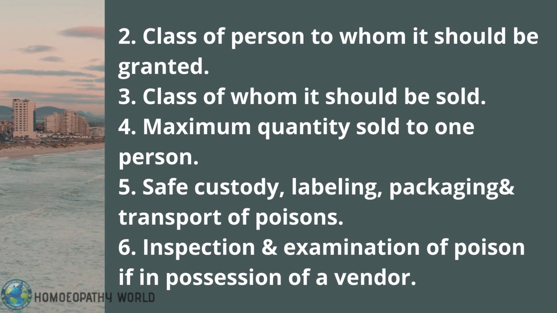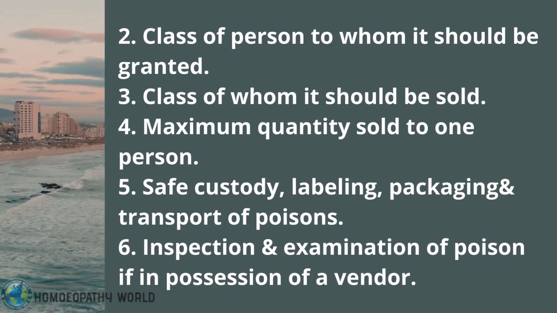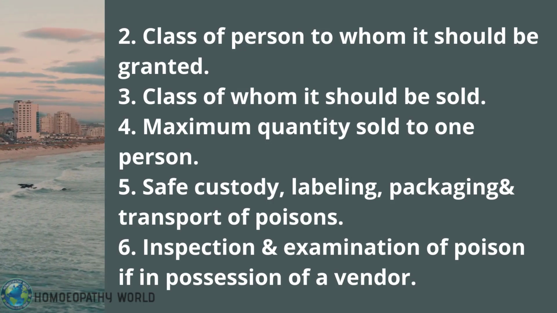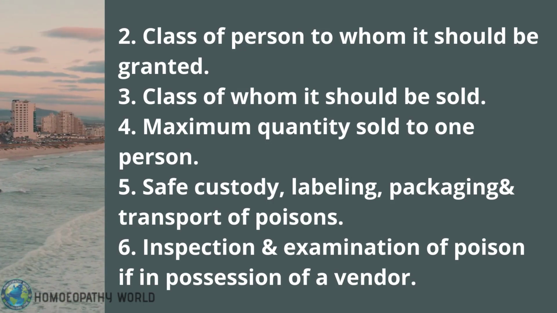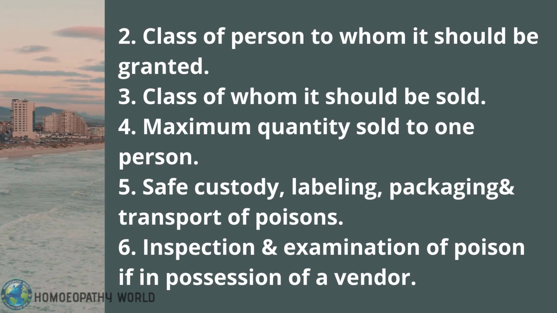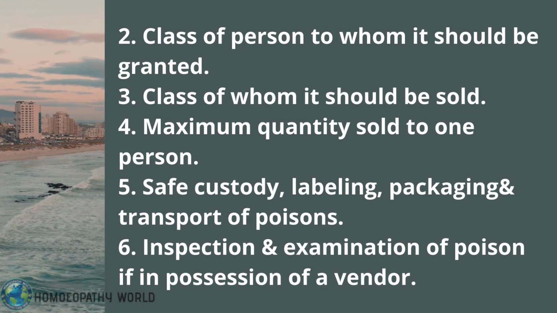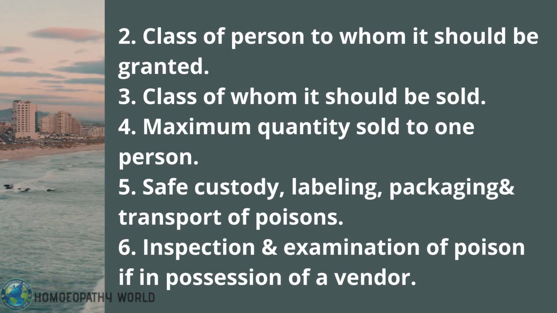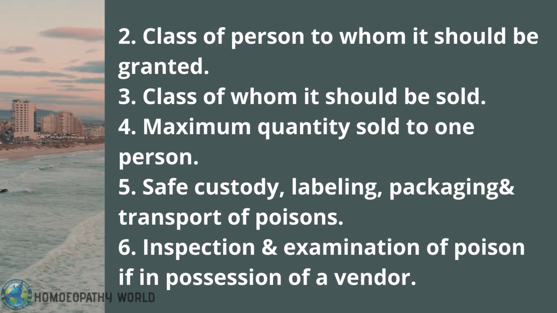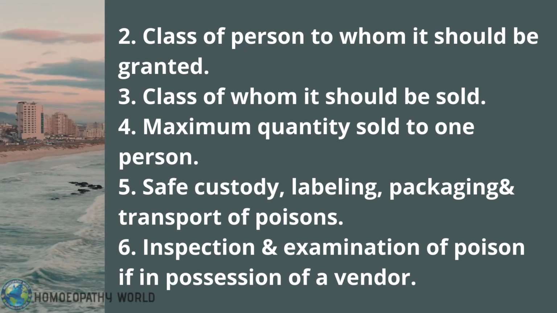The state government has authority over safe custody, labeling, packaging and transport of poisons. So they can check whether safe custody is provided, whether the labeling is proper, whether it's unlabeled or wrongly labeled, whether the packaging is not proper and whether the transport of the poisons is not authorized.